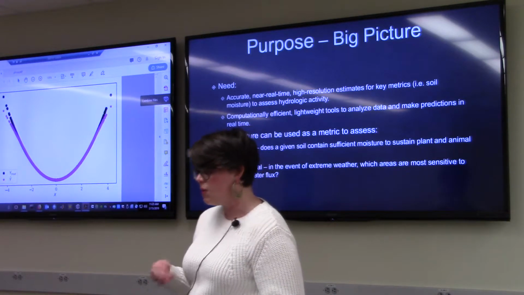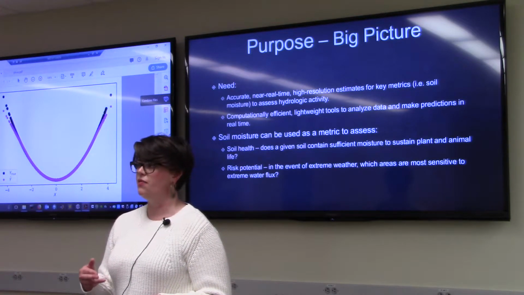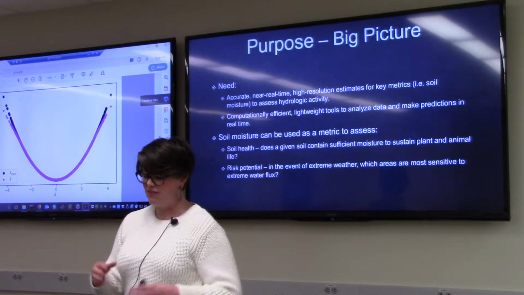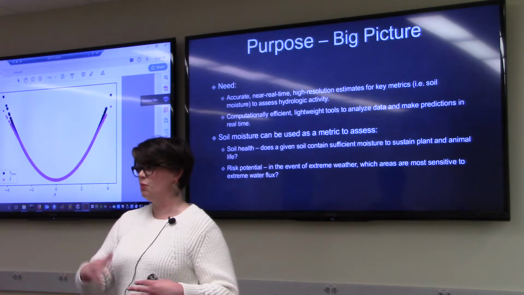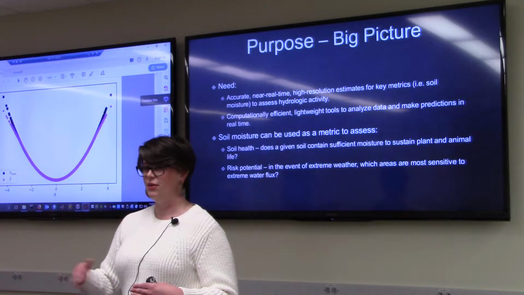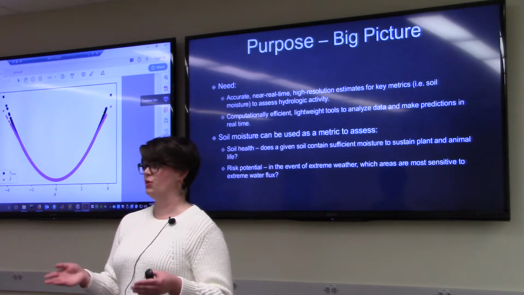This is extraordinarily important for risk analyses for flooding or crop viability, right? If the amount of water in our near surface environment becomes too much, if it becomes saturated, we're going to have floods. If we don't have enough water, we're going to have droughts and maybe not be able to produce enough food.